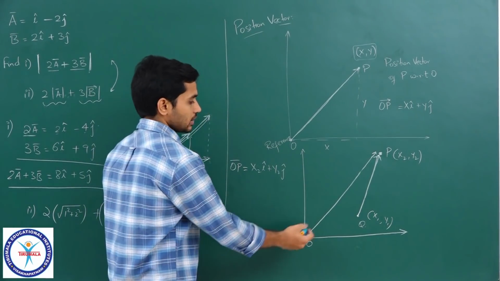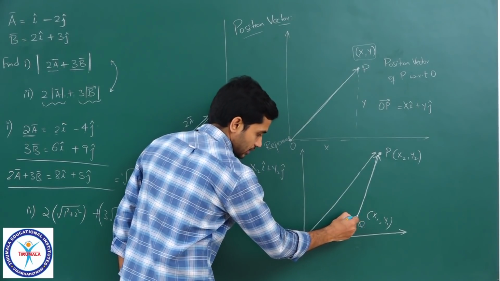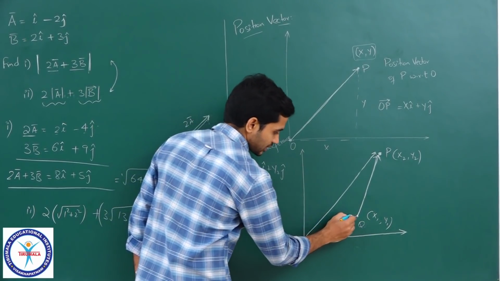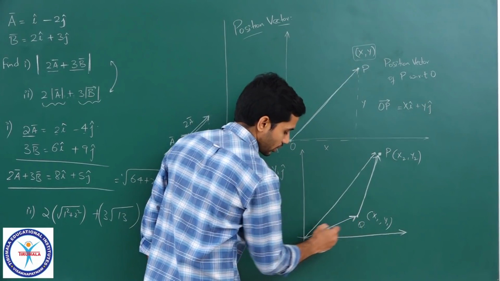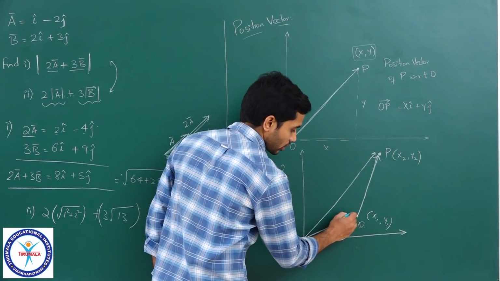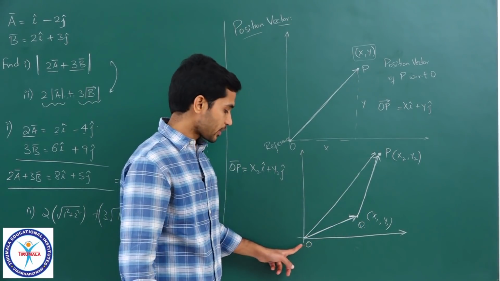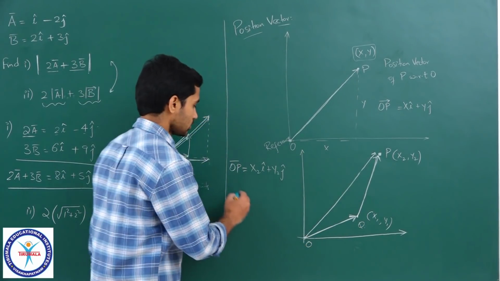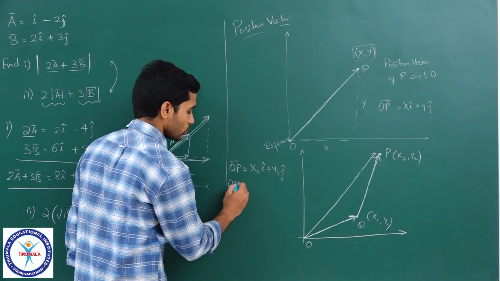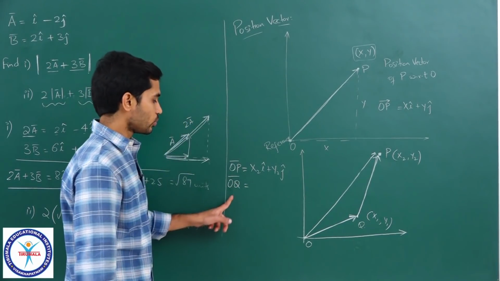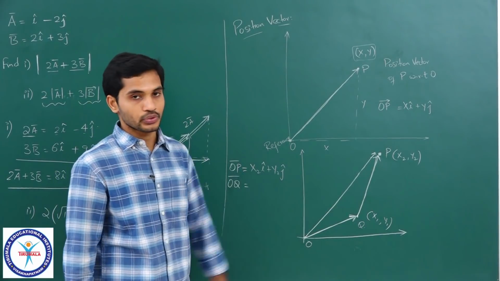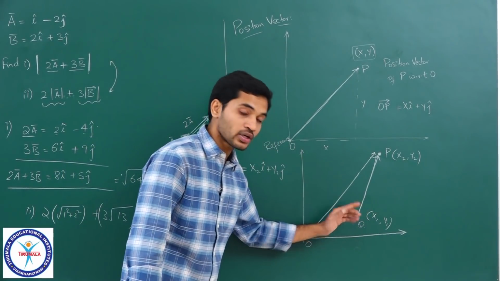Now similarly, I will draw one more vector like this. So once again please observe carefully, I am drawing this vector. Now what have I drawn here? I have drawn position vector of Q with respect to O, correct? So from O to Q. Now what is this vector in component form?